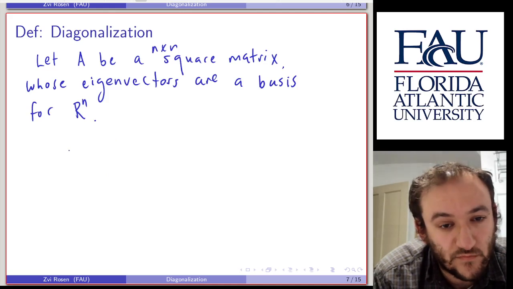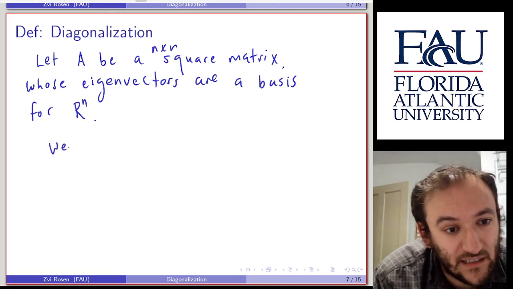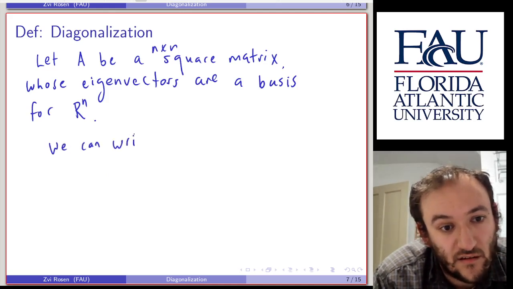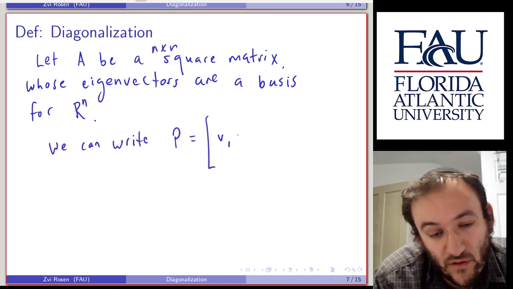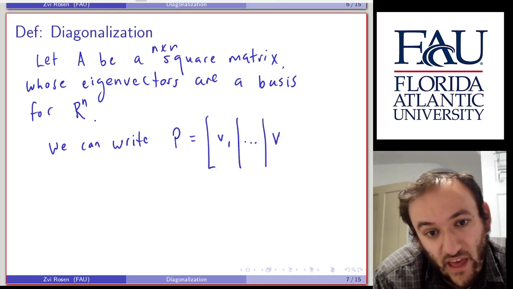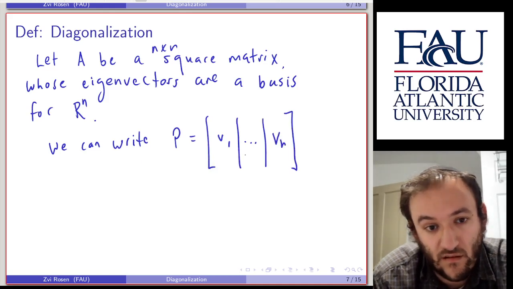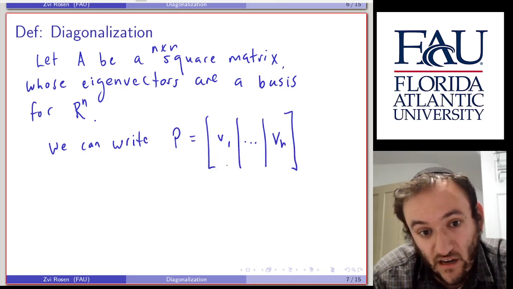Then we can write P equal V1 through Vn, with the eigenvectors as columns.